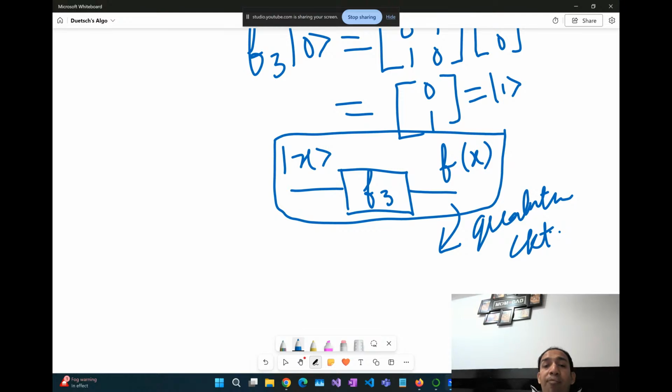So for that purpose, we will go with a circuit like the below circuit which I'm going to draw, which will have not just one input, it will have two inputs. And one input will work as a control bit, or control qubit, I would say. Okay. So let's see what I'm talking about.